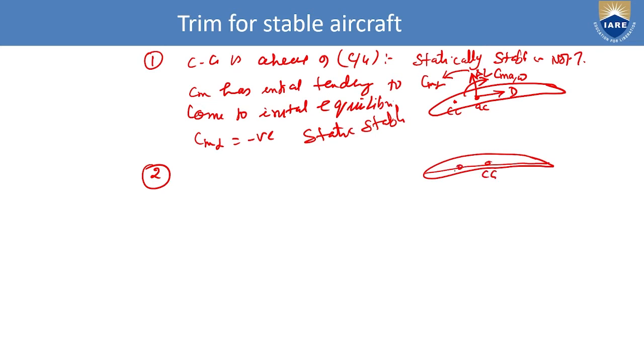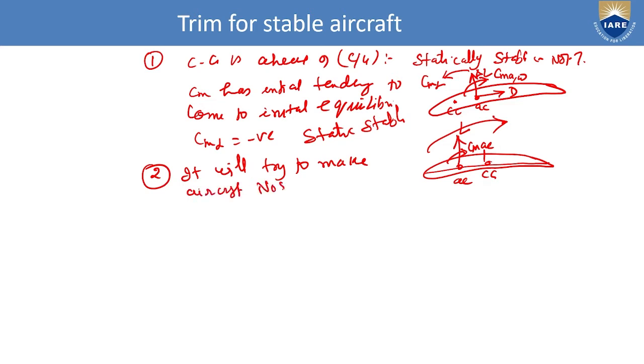This is CG, this is the AC. So here this is the lift, and it will try to move, and there is a CM AC. Okay, so here it will try to make the aircraft nose up. You see, this is making nose up.